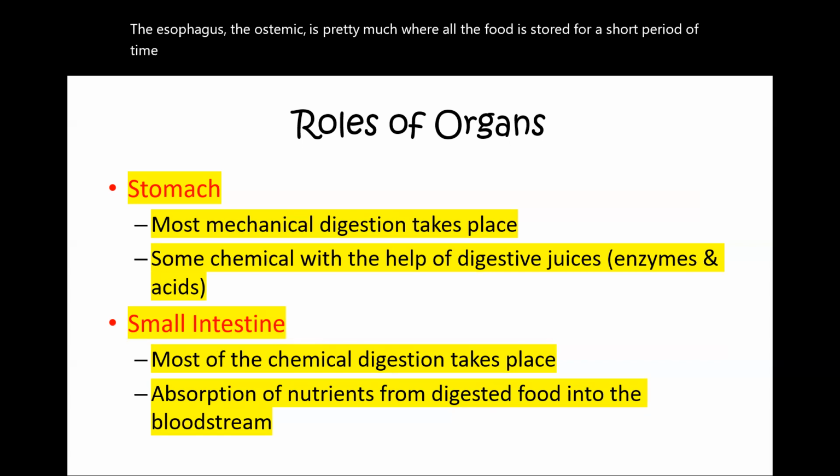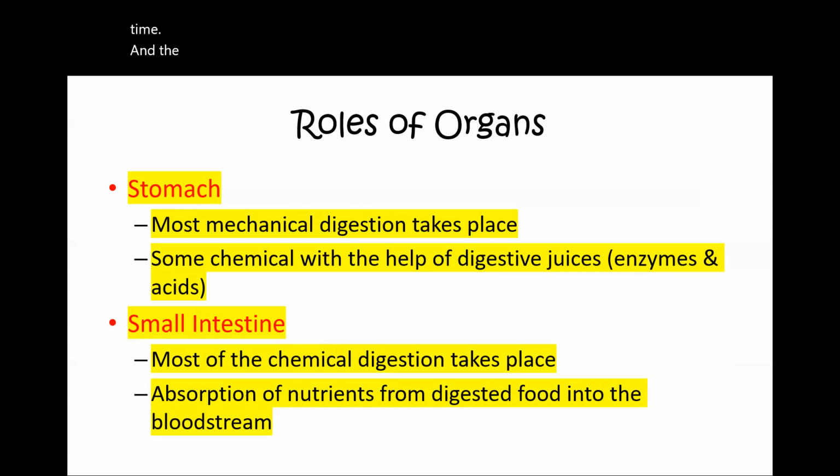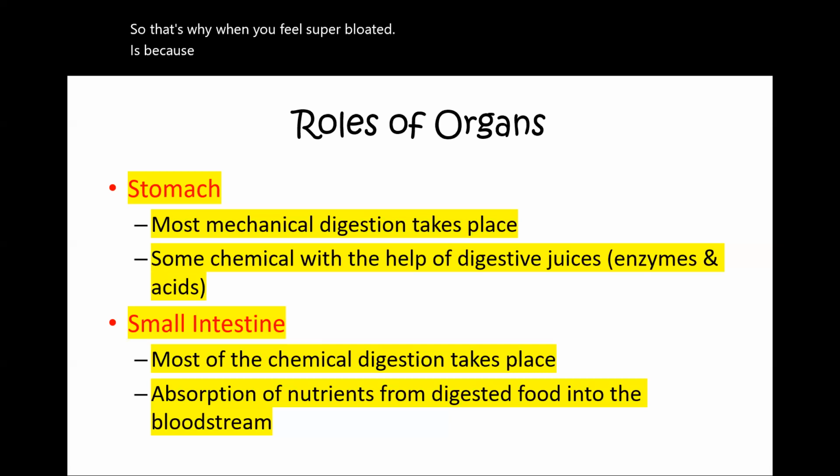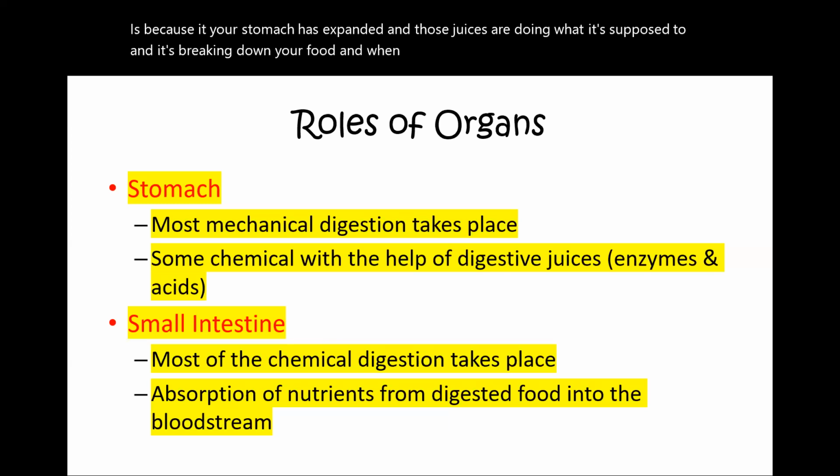The acids and the enzymes inside the stomach, those juices mixed in, help break down your food. That's why when you feel super bloated, your stomach has expanded and those juices are doing what they're supposed to, breaking down your food. And when you don't feel bloated, it's done its job.